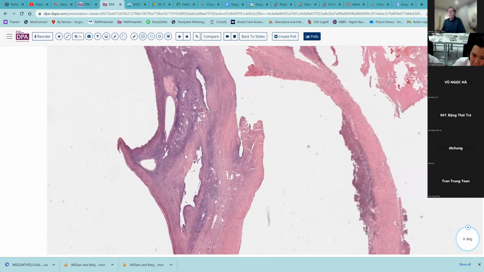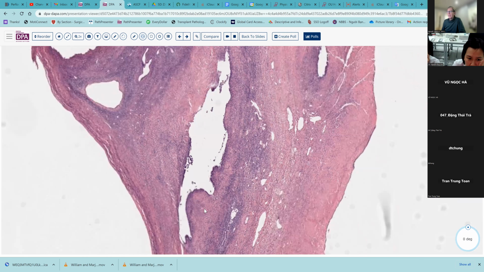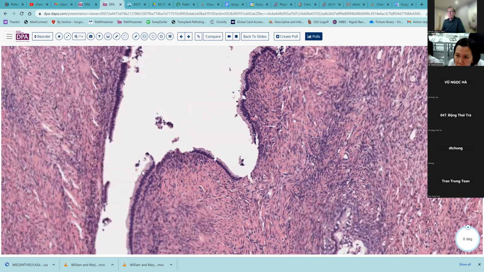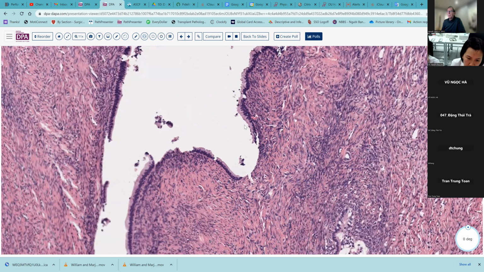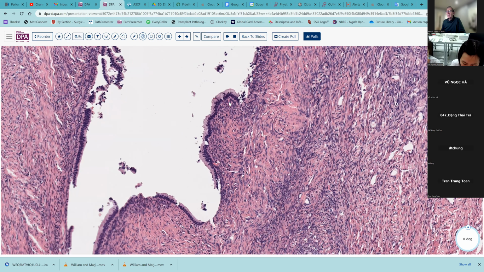And as we come into this tissue, you'll see that the spaces here are lined by nice mucin-producing epithelium, basal nuclei, pretty bland appearing, maybe a little bit crowded, but not too worrisome. But notice this stroma. Notice how distinctive this stroma is. Do you recognize what this is?